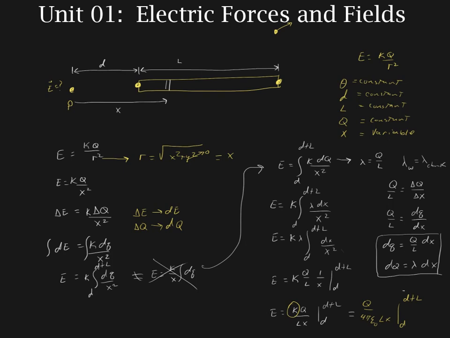The other useful check is to take this in the limit as x goes to infinity. What you should see is that as you get further and further away, it begins to approximate a point charge.